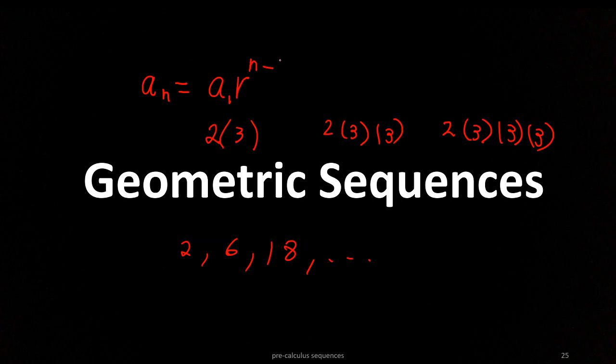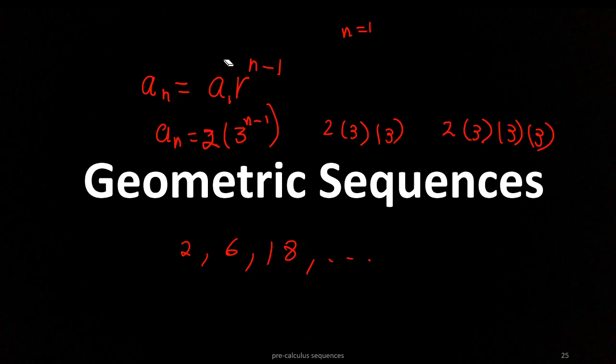So we have to put n minus 1, right? So it would be a sub n equals 2 times 3 to n minus 1, right? So that's the general formula, which is actually what is explicit.